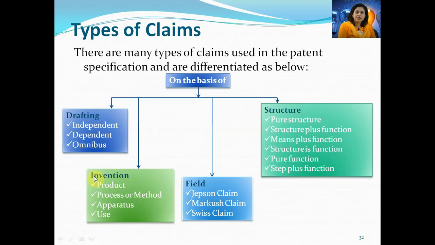Claims on the basis of invention may be product claims, process or method claims, apparatus claims, use claims. On the basis of field, the claims are Jepson claim, Markush claim, Swiss claim. On the basis of structure, the claims are pure structure, structure plus function, means plus function, structure is function, pure function, step plus function.